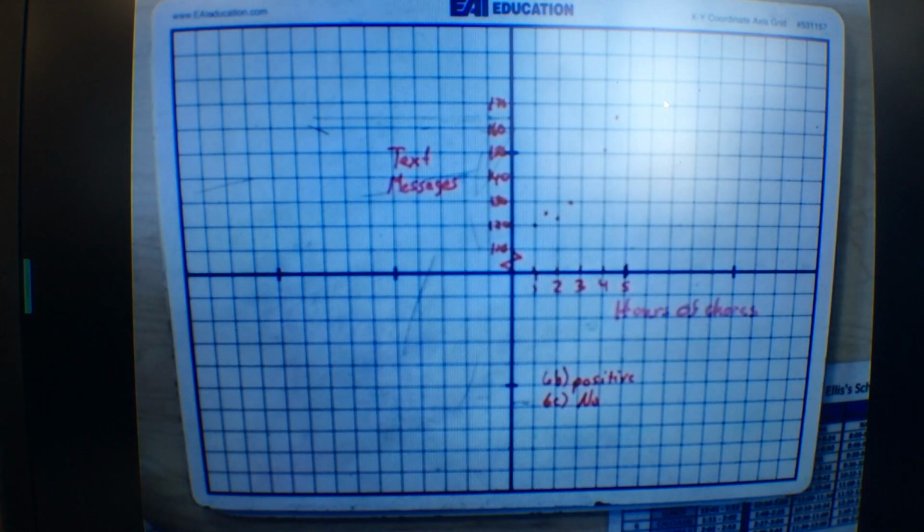It says the local hardware store noticed a positive correlation between the number of snow shovels and the pounds of salt purchased each day. Does one affect the other? Does buying snow shovels affect the amount of salt that you... No, it doesn't. So we have correlation but not causation.